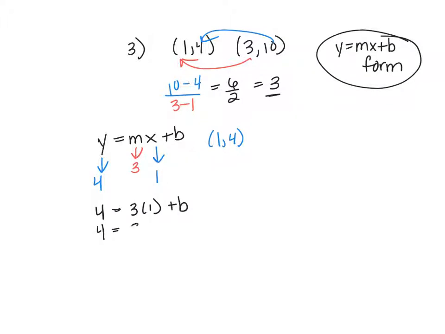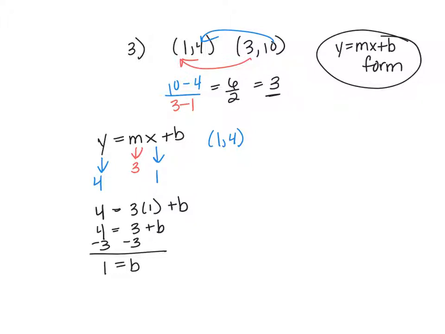So simplify the 3 times 1. And then you want to isolate b because you want to find what the y-intercept is. So you can subtract 3 from both sides and you get 1 is equal to b, which is the same thing we had in our last equation.